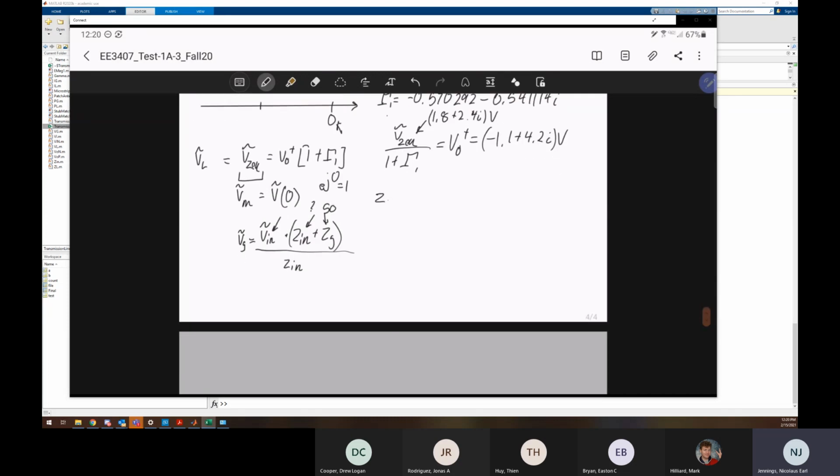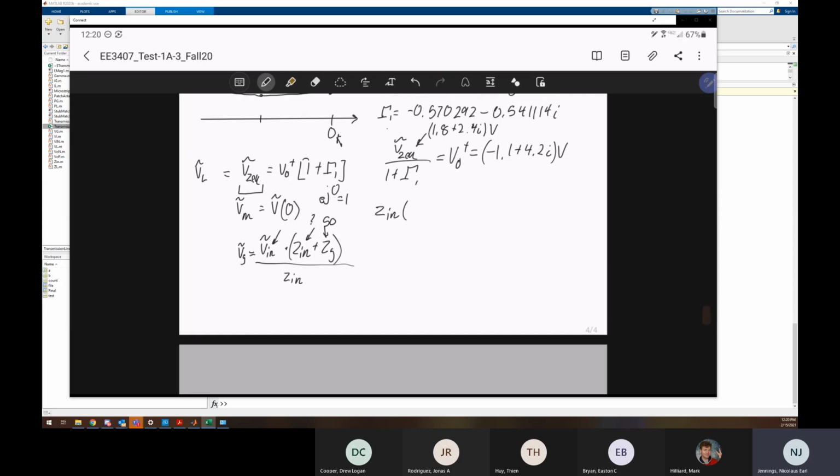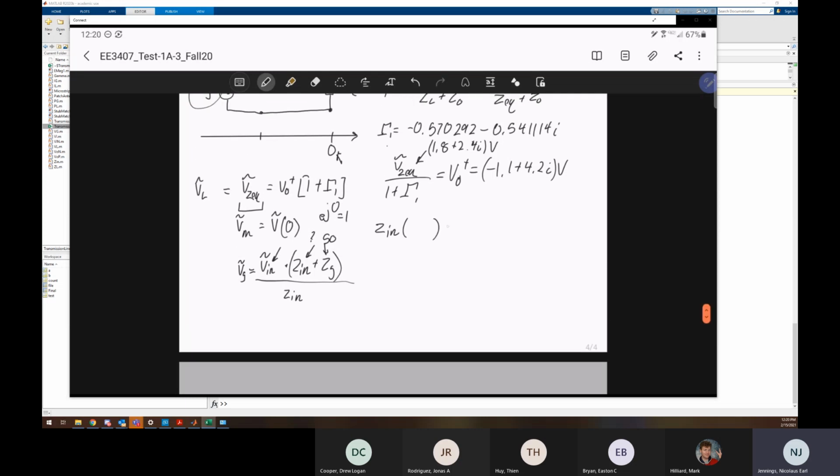We've already used it before, but we'll use the Zn equation. Anyone want to state the equation again? Z naught times ZL plus Z naught J tangent beta L over Z naught plus ZL J tangent beta L. Correct, exactly. And two questions for this. What is L? That's the most important one. What is the value of L we're going to be using?